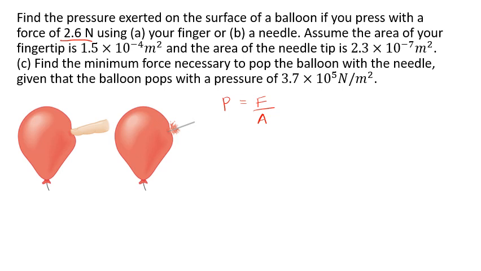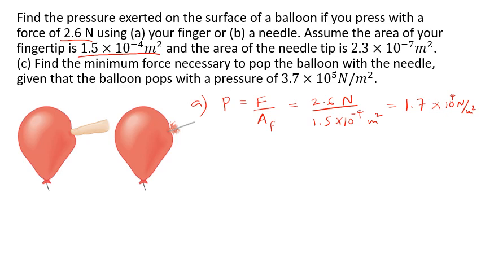In part A we are considering the finger, so I will put P_F, and if you substitute the values, the force is 2.6 newtons, and the area of the fingertip is 1.5 times 10 to the power negative 4 square meters. If you simplify this, you can find the pressure created by the finger, that will be 1.7 times 10 to the power 4 newtons per square meter. Okay, so that is part A.